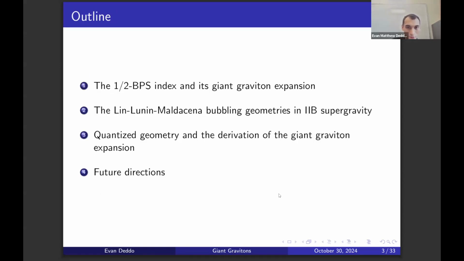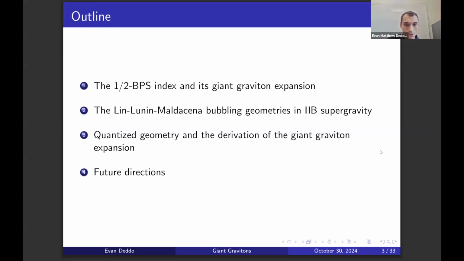So the outline will be first to review the half-BPS index and its giant graviton expansion, which was discovered several years ago. Then I will describe the LLM geometries in type IIB supergravity by Lin, Lunin, and Maldacena, which parameterize these half-BPS configurations.